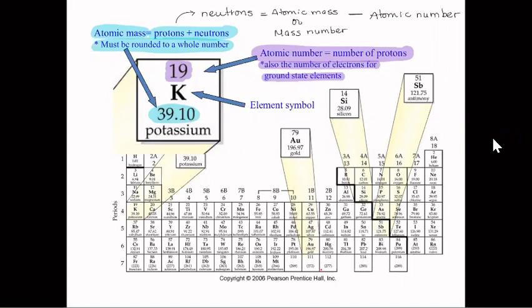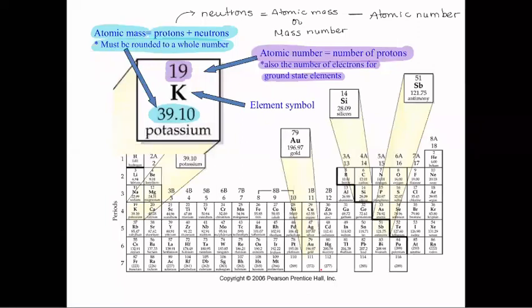And one of the things that we learned is that even though the atom is the smallest unit, the smallest particle, it has what are called subatomic particles. These subatomic particles are known as protons, neutrons, and electrons.